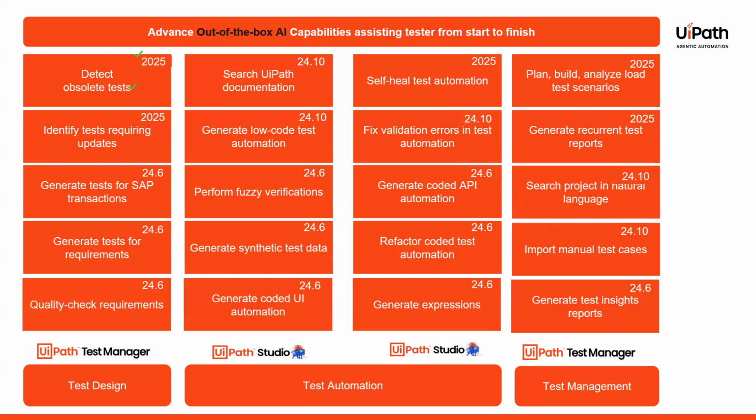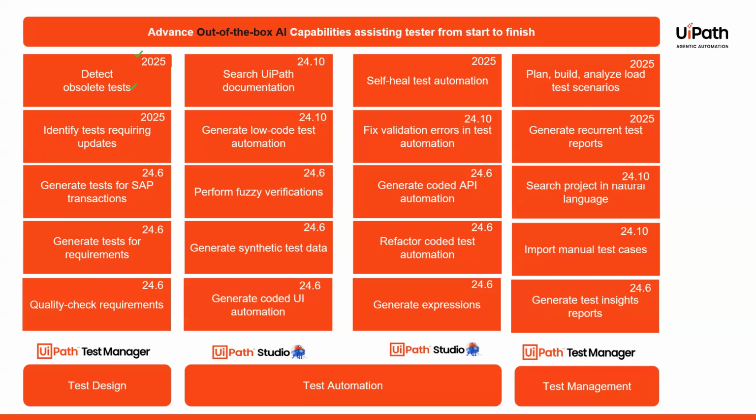In the center, under test automation, AI can generate low-code and coded automation, create synthetic data, fix validation errors, perform fuzzy verifications, and even self-heal broken automation. This dramatically reduces manual scripting and ongoing maintenance effort.